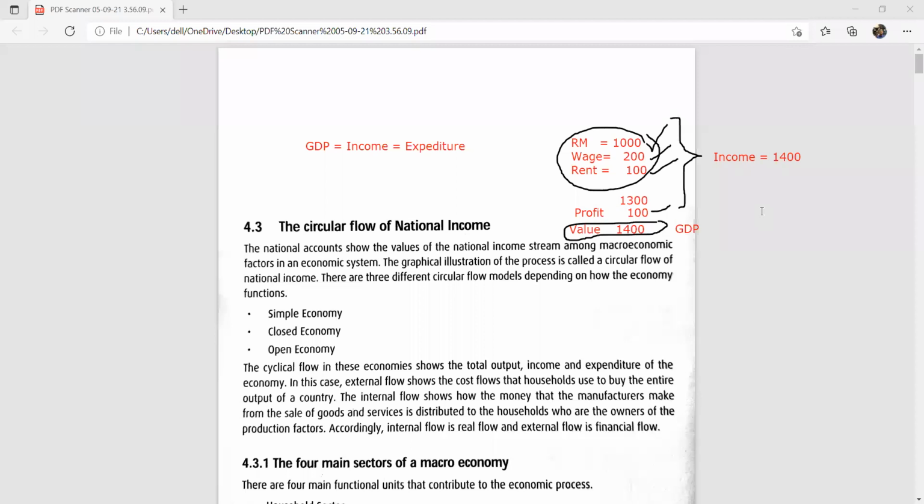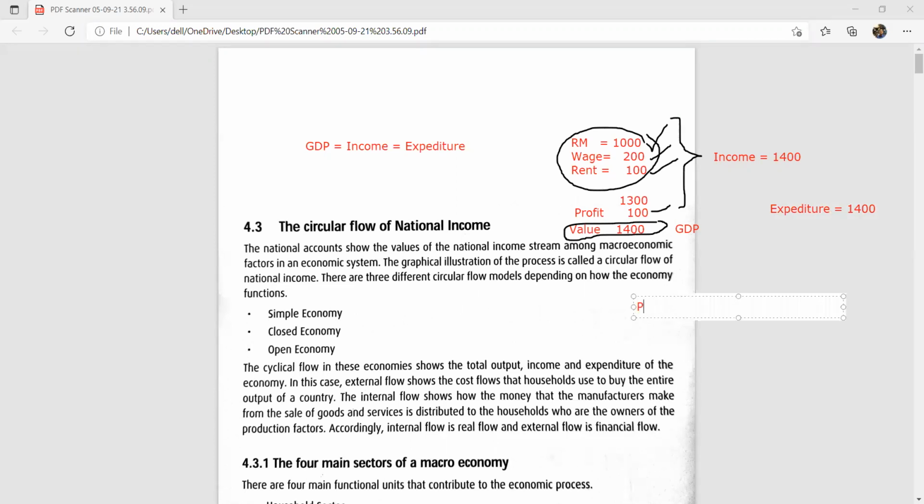Production worth 1400. Income, or the contribution to make such a product, is also 1400. If people have 1400, they can spend only 1400 to buy goods. Therefore, if they purchase these stuffs, expenditure should also be 1400.